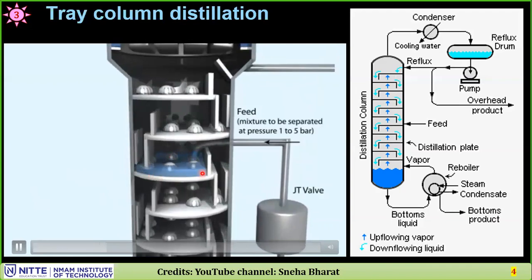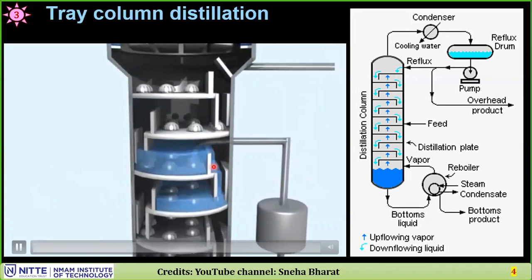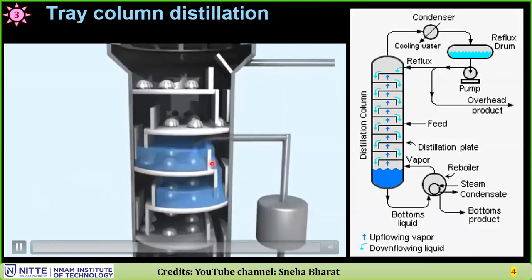Now it overflows a channel. This is called a weir. This is called a weir setting. You can see that once the liquid reaches the top of the weir, it overflows. Here also you have another weir. You can ensure that some amount of liquid is always held up by the weir.